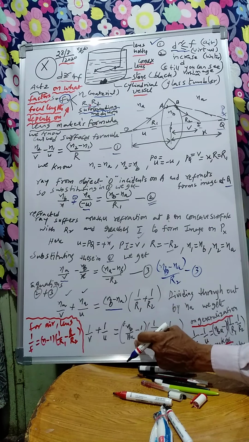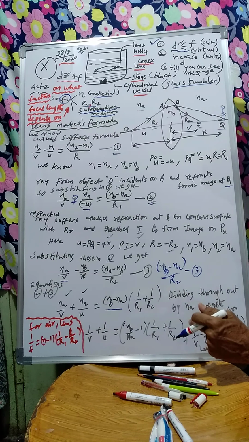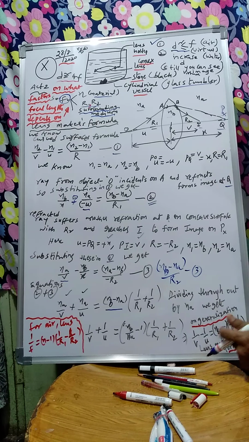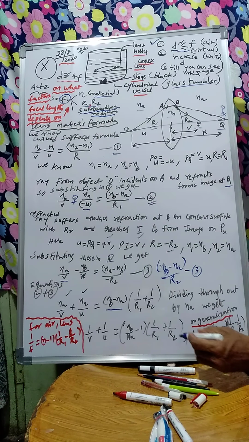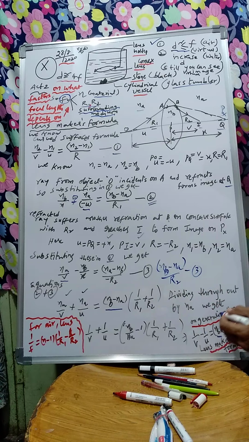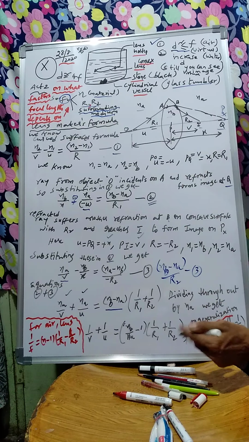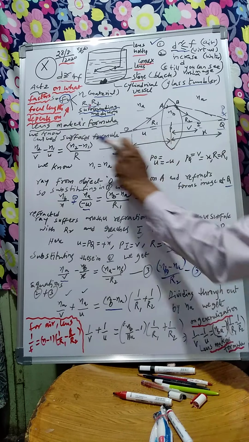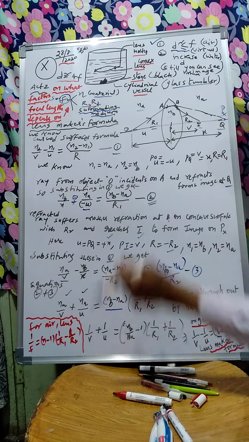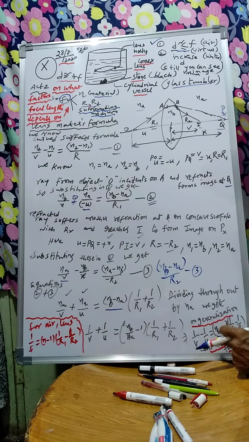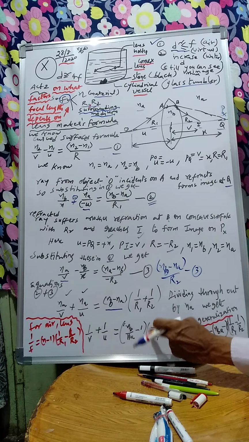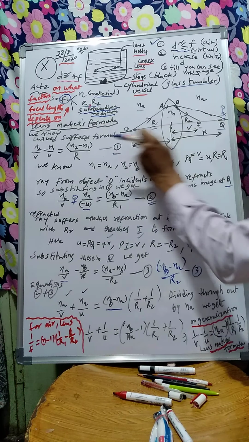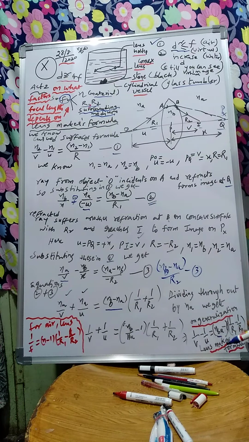But NB by NA, on generalization, is nothing but the relative refractive index, and in general it is called NBA. Also on generalization, since this was used for a convex lens, if we substitute here 1 by V minus 1 by U, because U is measured from the pole and it is against the incident ray, 1 by V minus 1 by U is equal to NBA minus 1 whole bracket 1 by R1, and R2 is measured in the opposite direction, 1 by R1 minus 1 by R2.